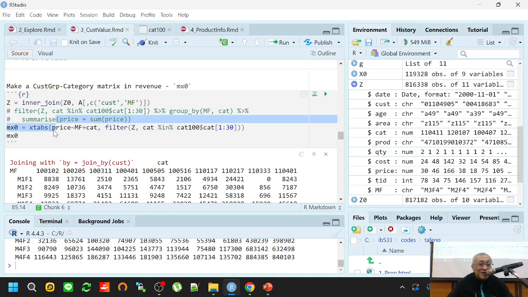And this expression means that I want to summarize the total revenue by MF, and actually this is the customer group, right? You remember that?